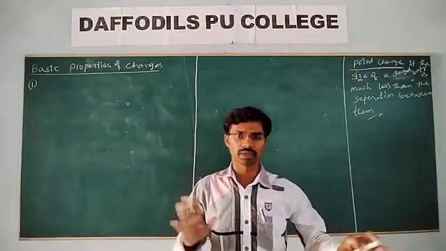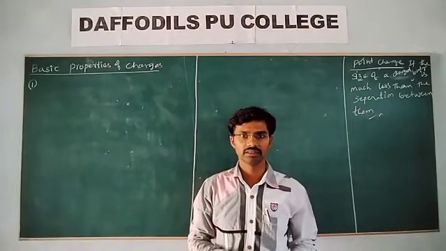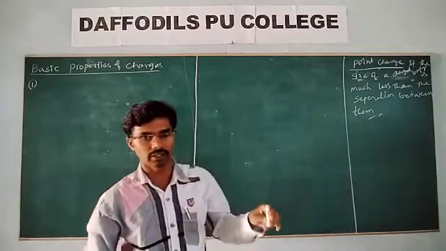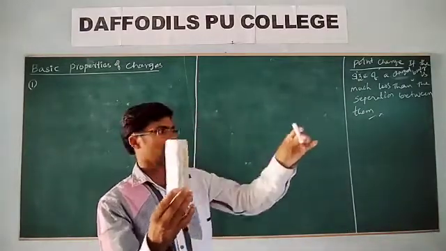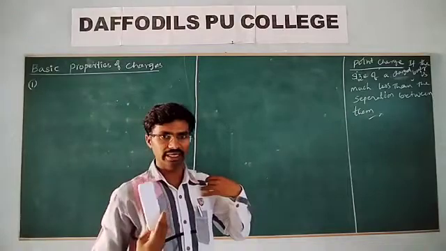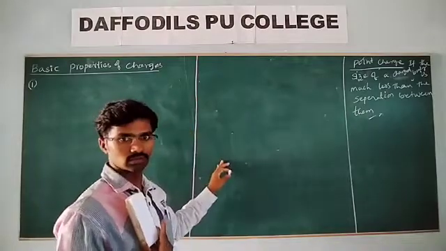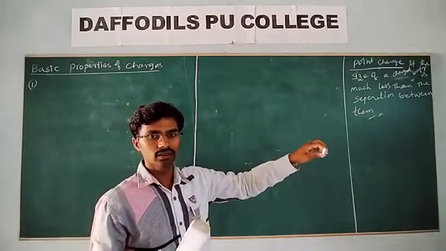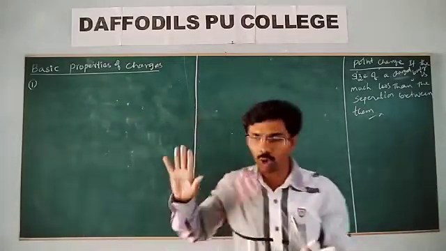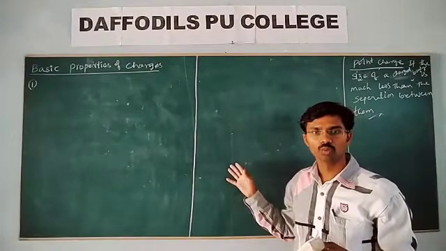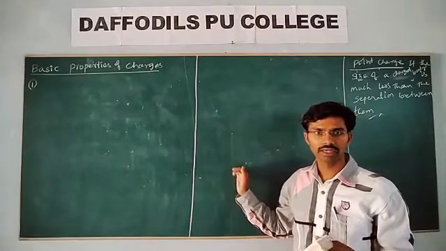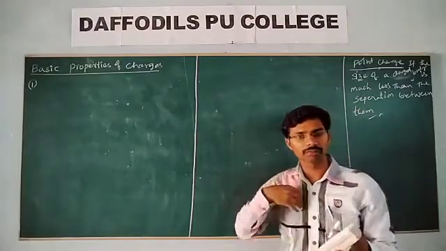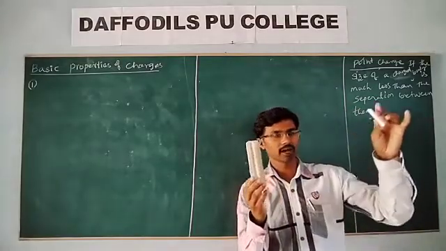Let me take one simple example. If you are observing now a duster, a piece of chalk, and me here, and this board, you can take, if you want to discuss only this board, that means you have separated this board from me, the duster and the piece of chalk.